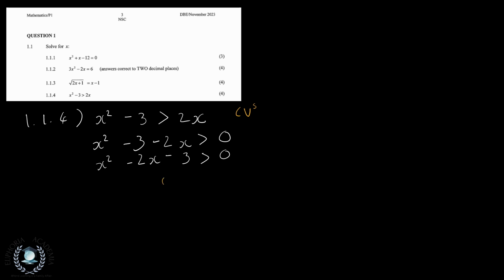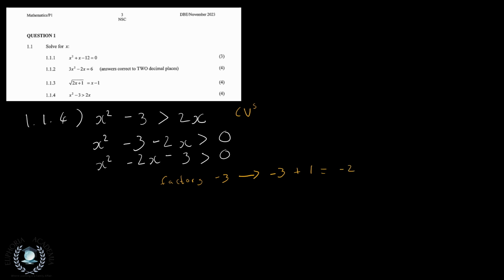So factors of minus 3 that when you add them together, they give you minus 2. All right, and we shall see that if you add minus 3 to 1, you get minus 2.